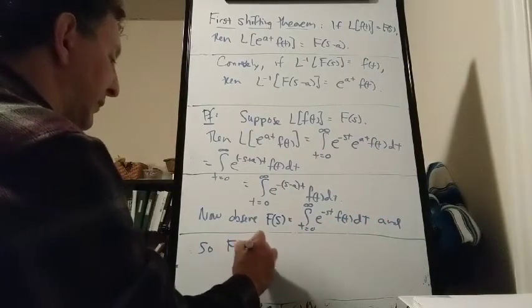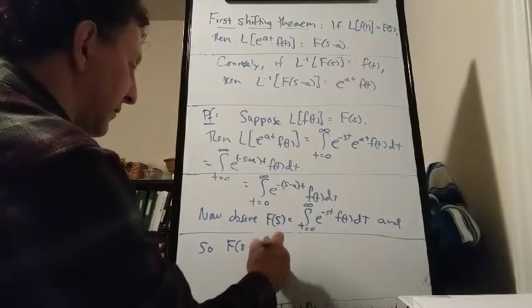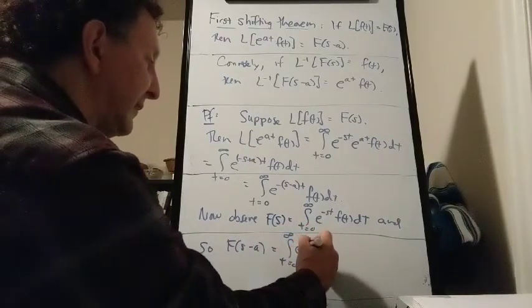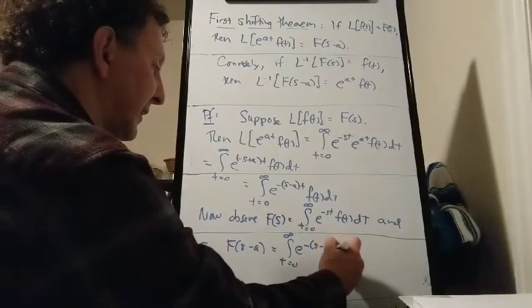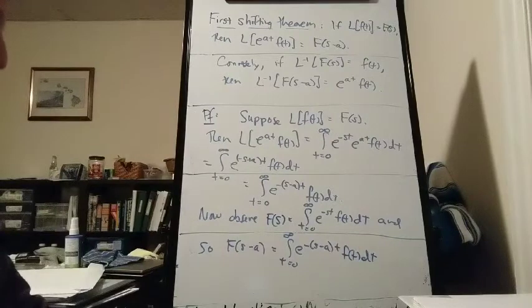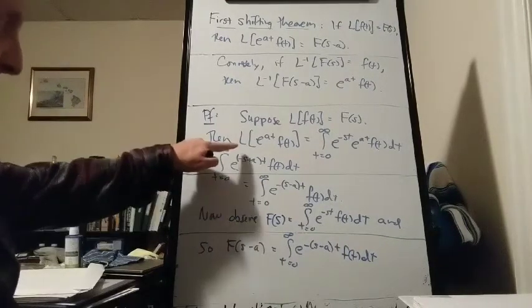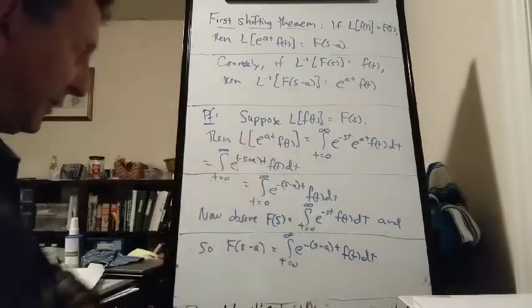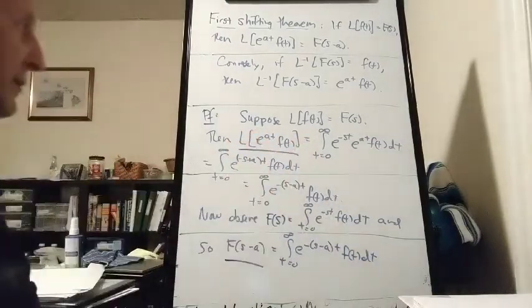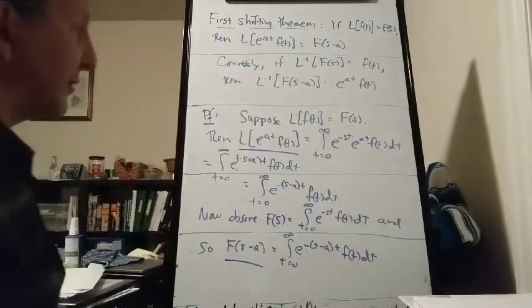So if we plug in s minus a for s, we get the integral from 0 to infinity of e to the negative s minus a t f of t dt. But that's exactly what we got here by taking the Laplace transform of e to the at f of t. So F of s minus a and the Laplace transform of e to the at f of t are the same, which is what the first shifting theorem is saying.